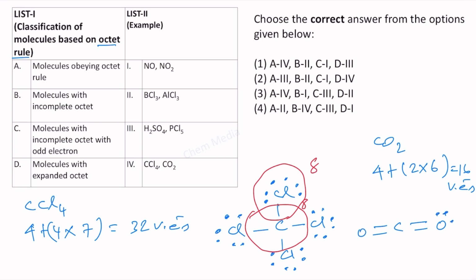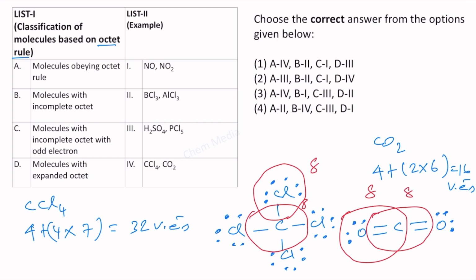The remaining 8 electrons we can distribute as 2 lone pairs for each oxygen atom. Therefore, this also satisfies the octet rule. All the atoms satisfy the octet rule here.